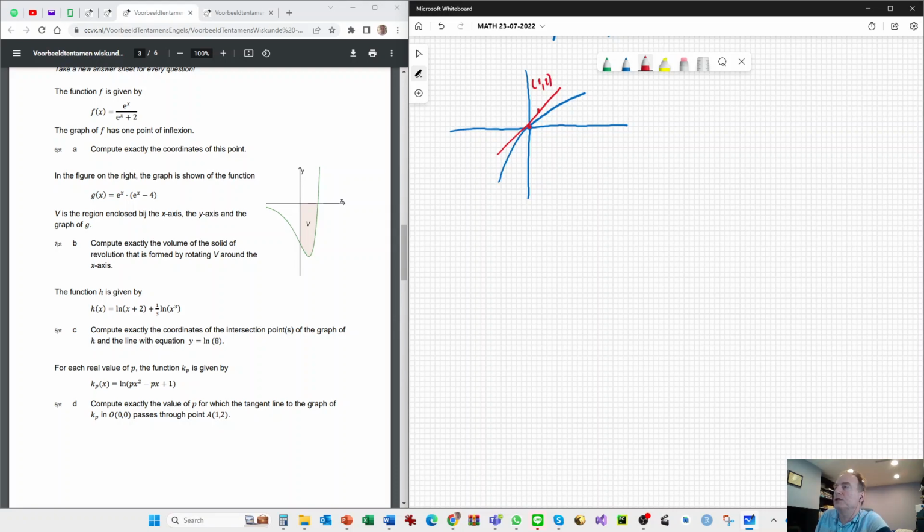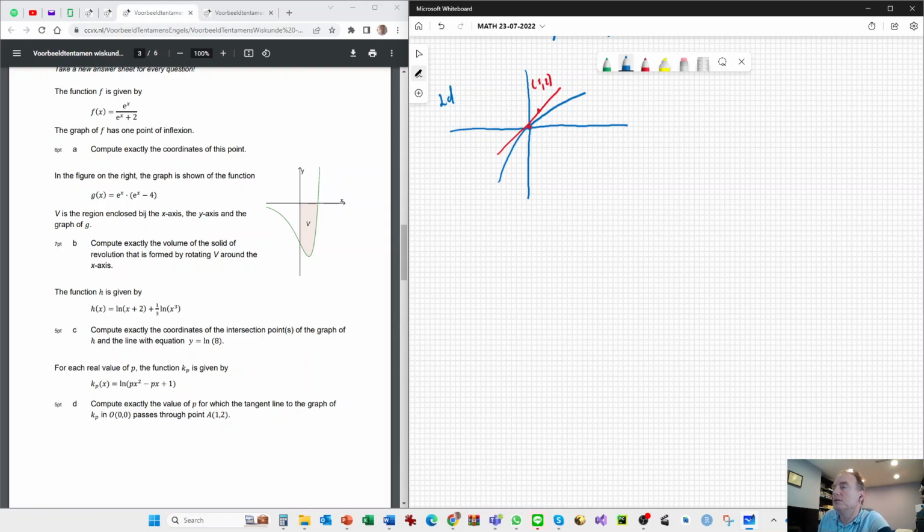So it goes through 0, 0 and 1, 2. So what does that mean? Well, that means that the slope of the tangent has to be the slope of the line going through the origin and 1, 2.